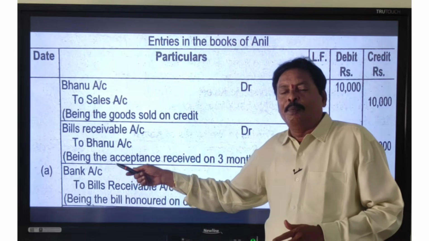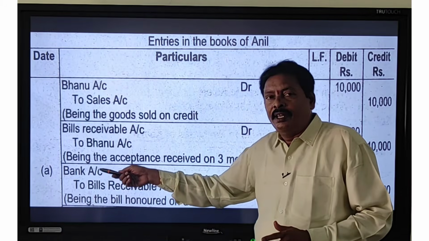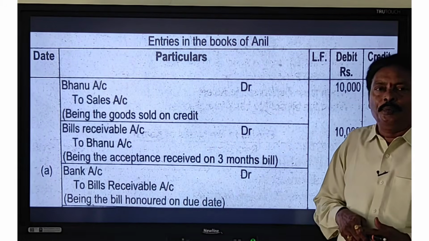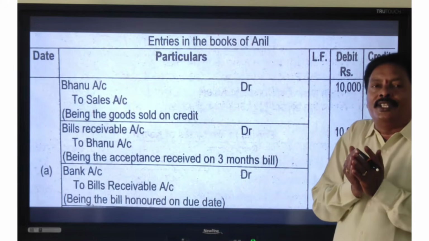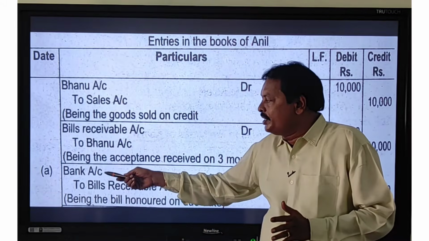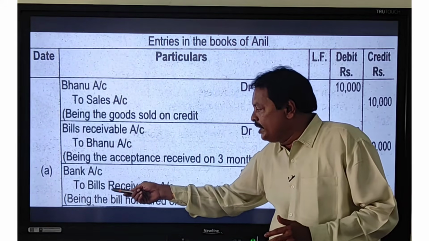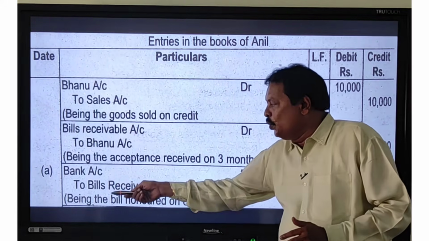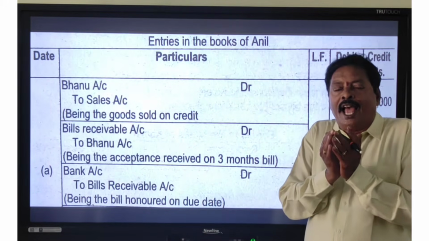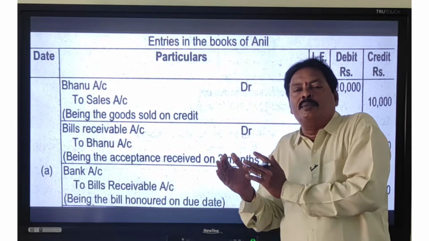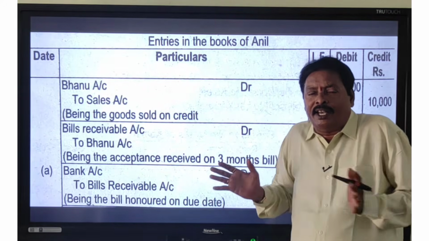This is the principle as per the real account. This cash is received from Banu. So we have to debit the bank or cash account debtor to bills receivable account. These two belong to the real account. As per the real account, debit what comes in and credit what goes out. This is the final transaction.